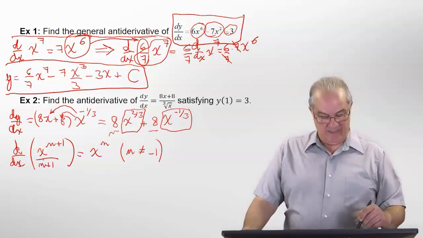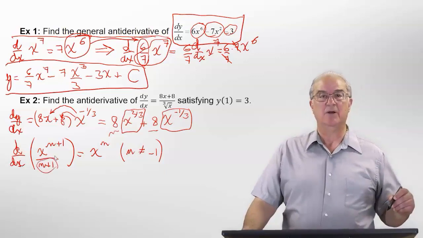Note that we cannot have minus 1 for n because that will give us a denominator 0.